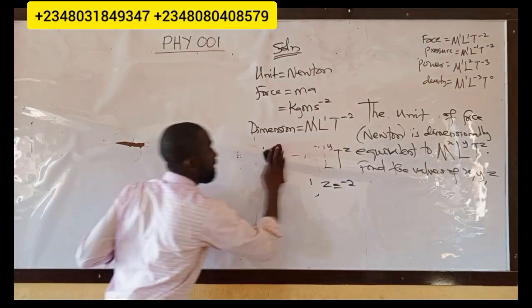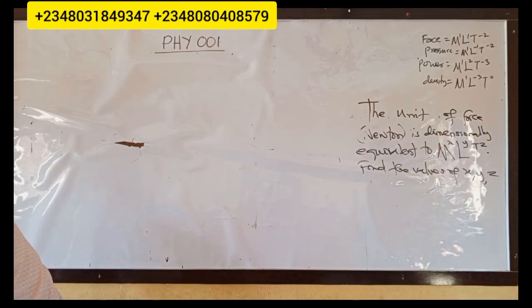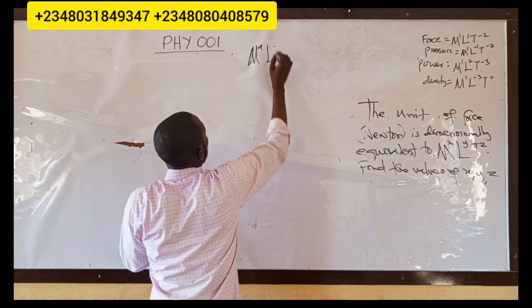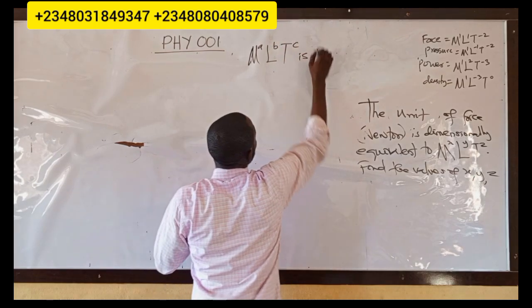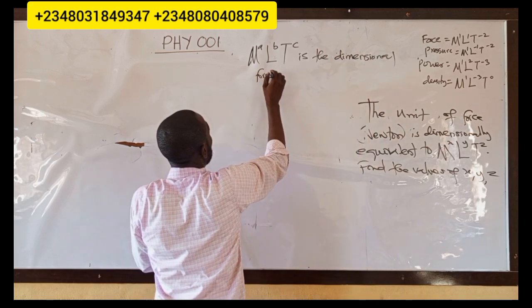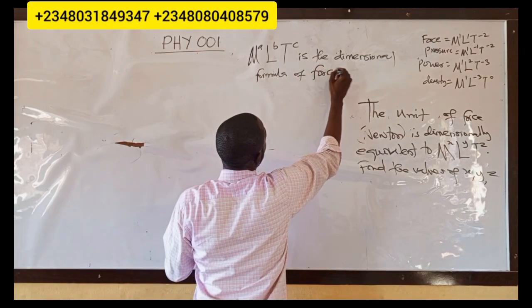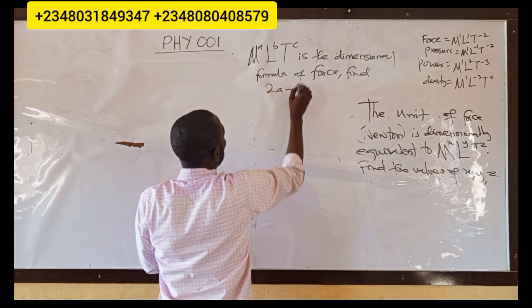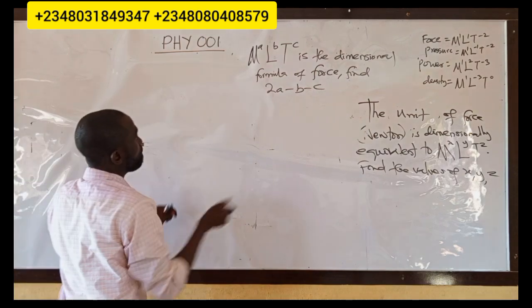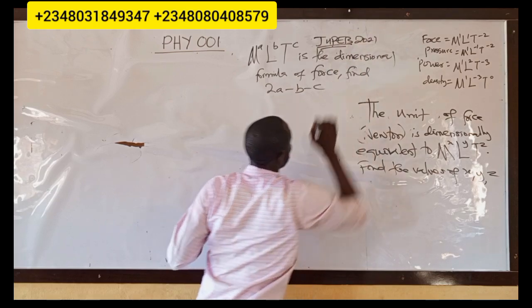If M raised to power A, S power B, T power C is the dimensional formula of force, we have to find 2A minus B minus C. This is the JUPEB question 2021, question number 5.